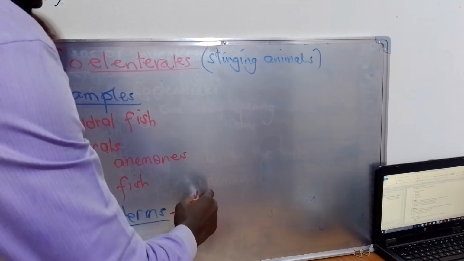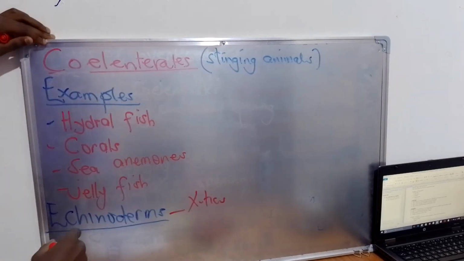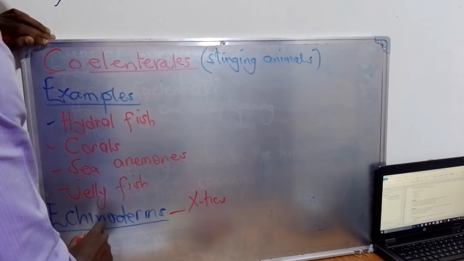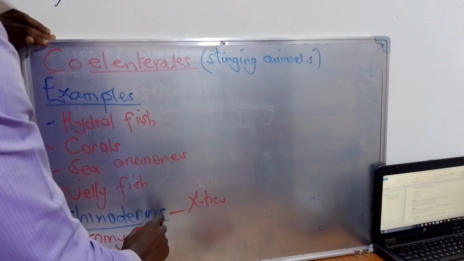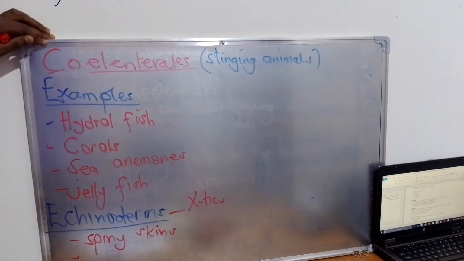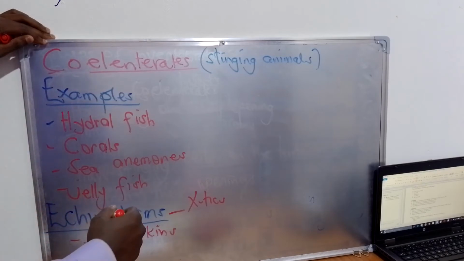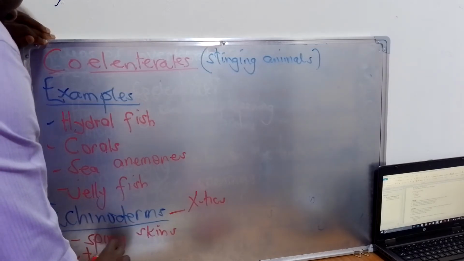We look at characteristics of echinoderms. They have spiny skins, meaning their skins have spines. Then their feet are tube-like.